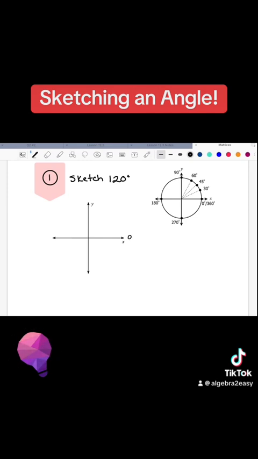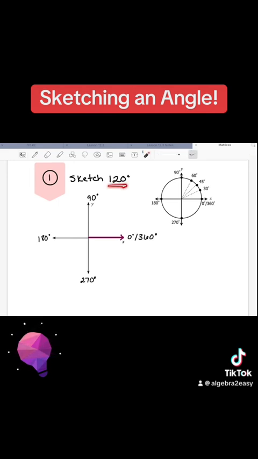So 0 degrees, 90 degrees, 180 degrees, 270 degrees, and then we get back to 360 degrees. Let's start by sketching 120 degrees. You're going to start by drawing your initial side right here along the positive side of the x-axis.